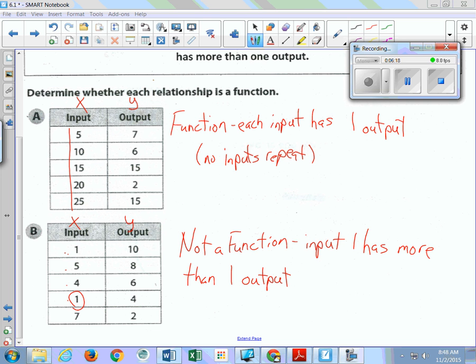Or you could say one of the inputs repeats.